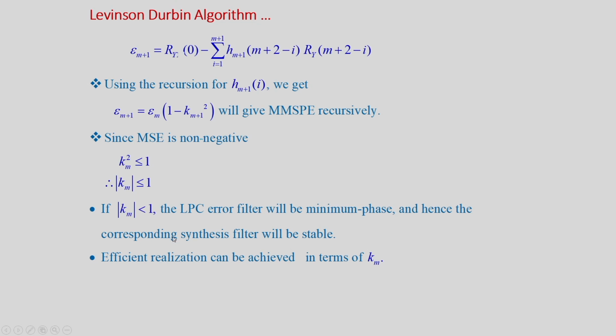So, that is one advantage of denoting the model parameters by the reflection coefficients and the corresponding estimation error. Efficient realization can be achieved in terms of k_m. Instead of using h_m(i), we can use this k_m reflection coefficient to get an efficient implementation of the prediction error filter, that we will discuss later on.